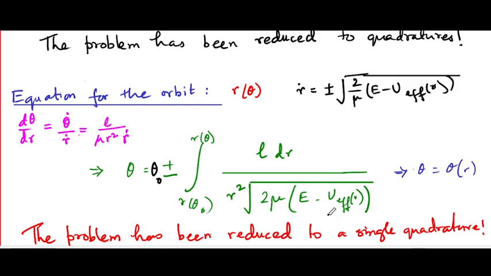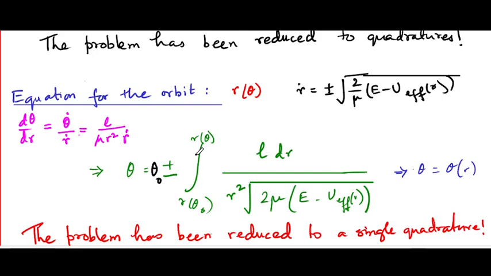The rest is sort of obvious algebra. So now we see that determining theta as a function of r has been reduced to a single quadrature. All you have to do is evaluate this integral and you directly get theta as a function of r.